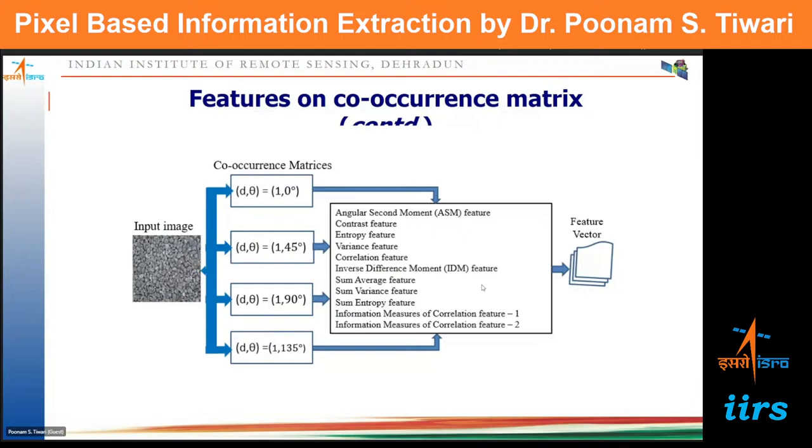Now it may happen that some of my features of interest are very pronounced or distinguishable in the contrast, some in the correlation or variance, some in the entropy. So for different target objects, we can use different feature vectors, do the calculations and take the information out of it.